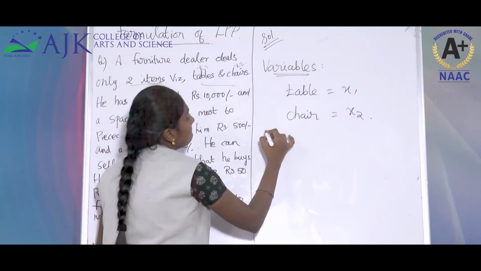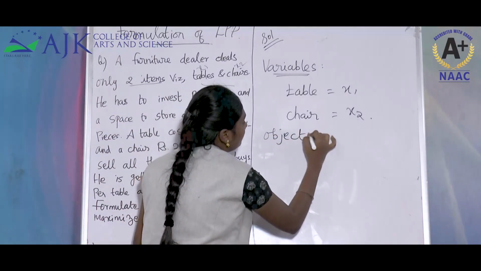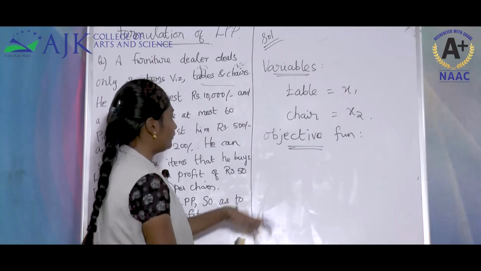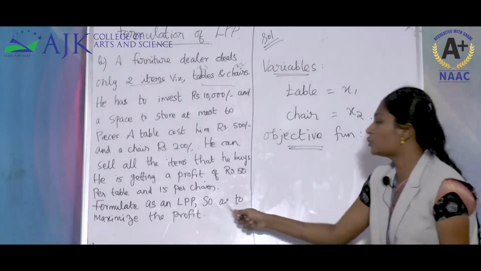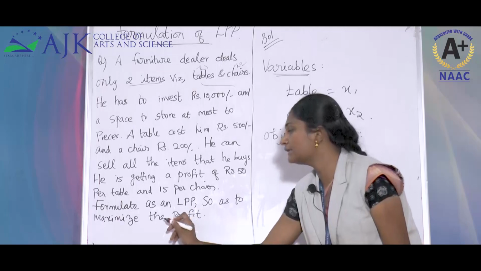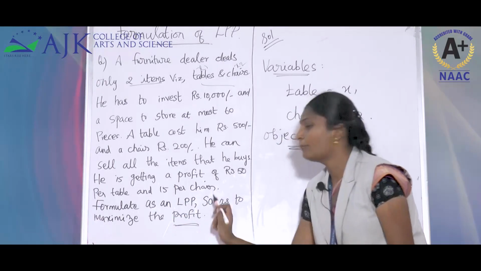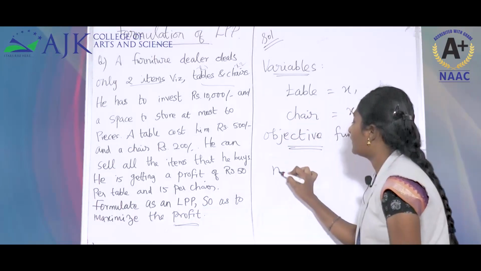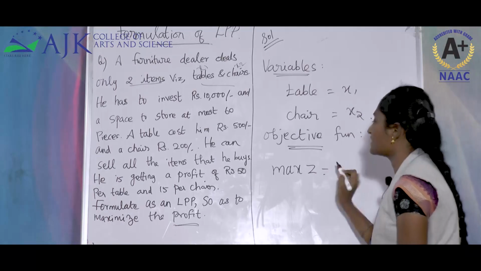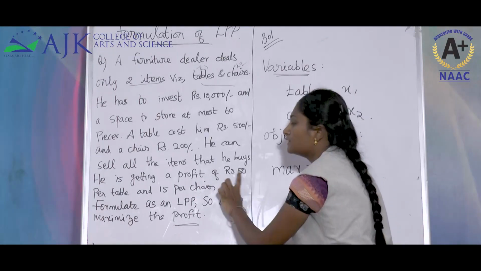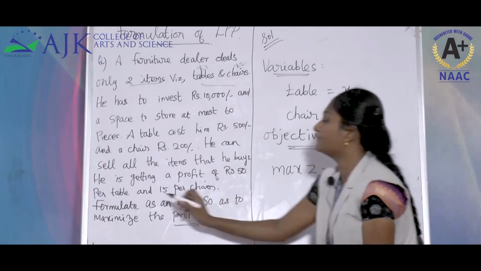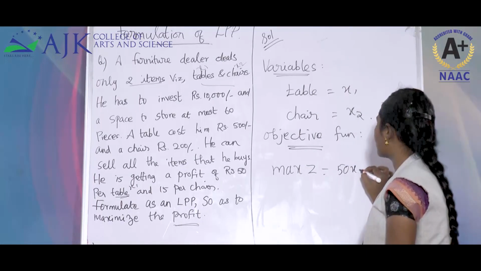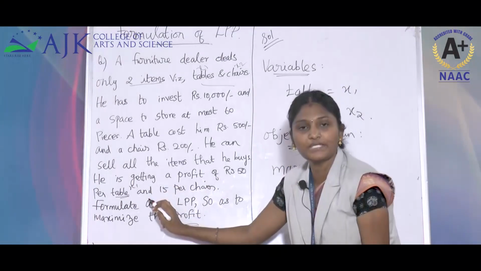Next is the objective function, your second part. In your question, they have given that we have to maximize the profit. Profit means maximization. So our objective function is: maximize Z equal to the profit of a table, which is 50. Our table is x1, so 50x1. Next, the profit of a chair is rupees 15.